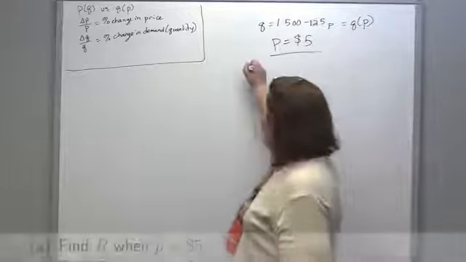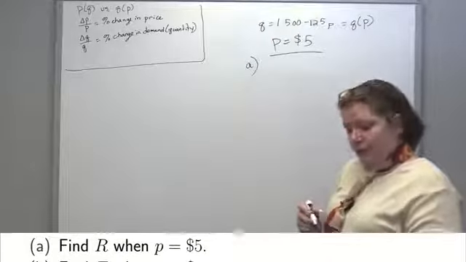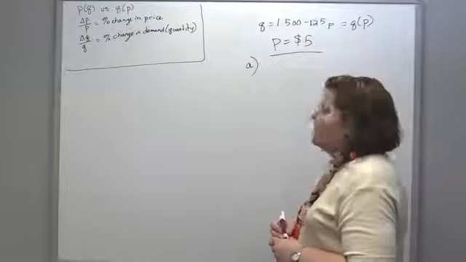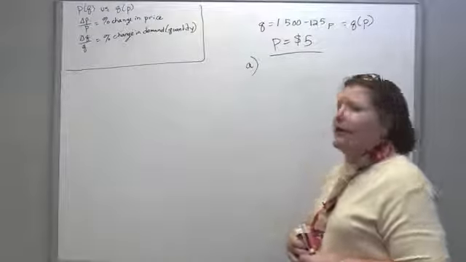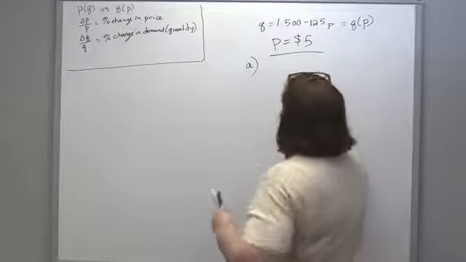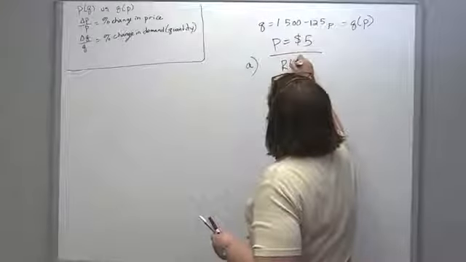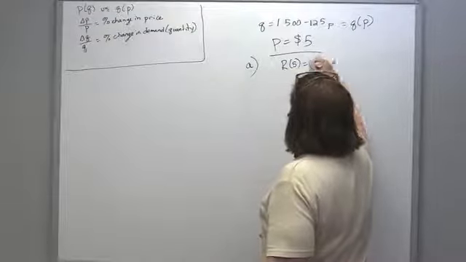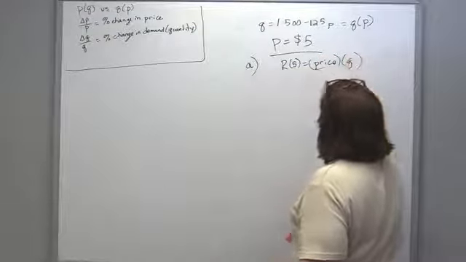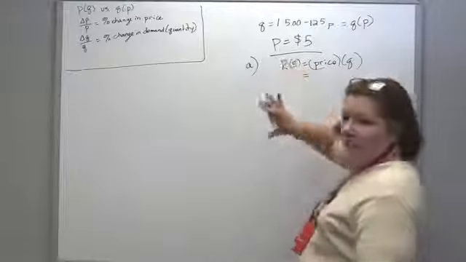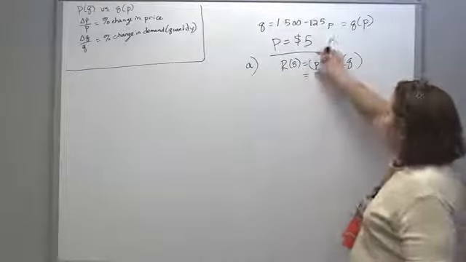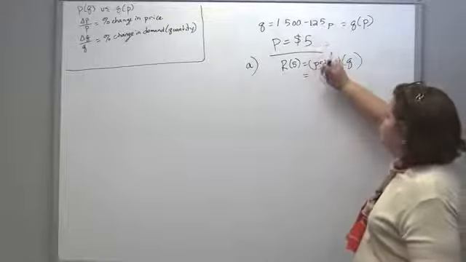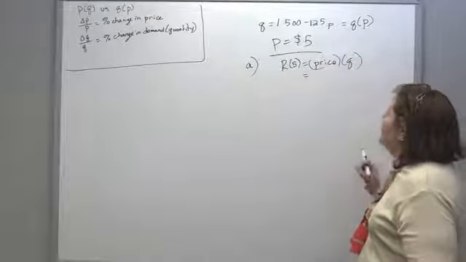For part A, we're asked what the revenue is. This is actually a problem that has nothing to do with elasticity. Revenue at $5 is going to be our price times our quantity sold. That happens no matter what. Before, price had the fancy formula, times quantity sold.